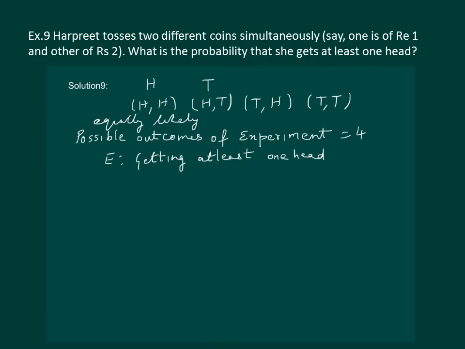Then the number of outcomes favorable to our event E will be getting one head or getting two heads. That means 3 outcomes are possible which are favorable for our event E. Hence the probability of happening of E is equal to 3 by 4.